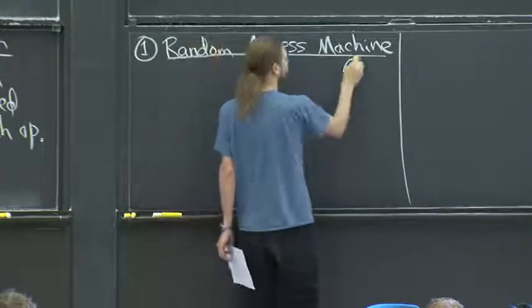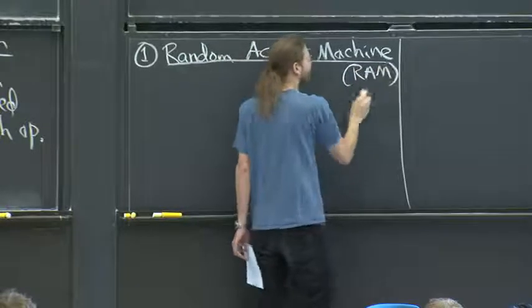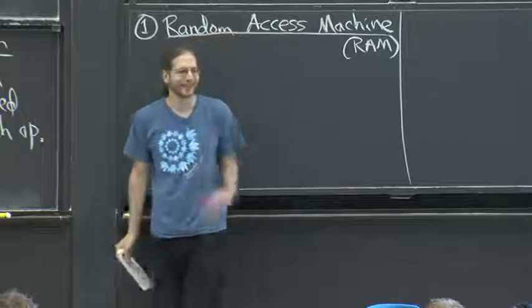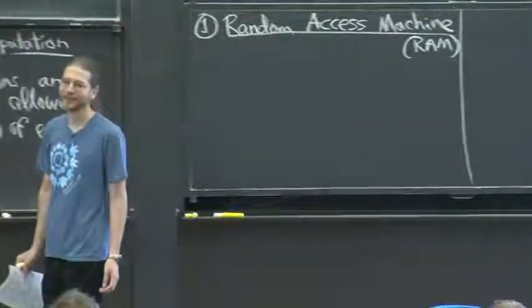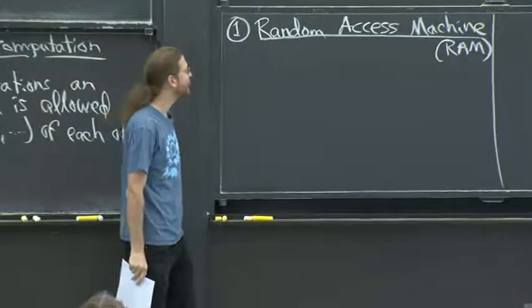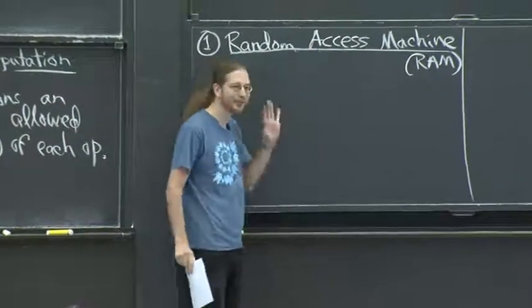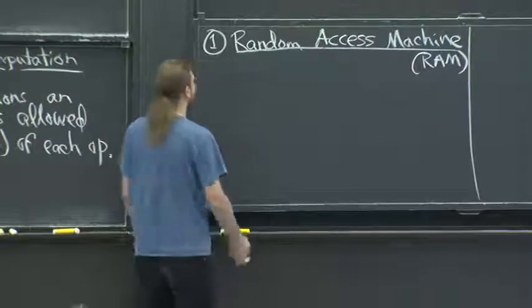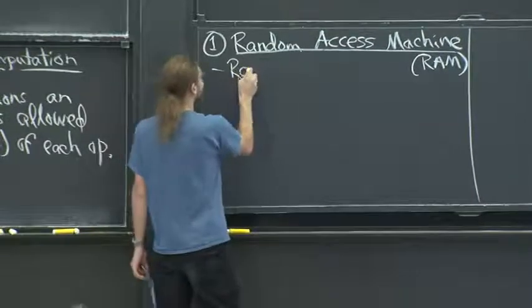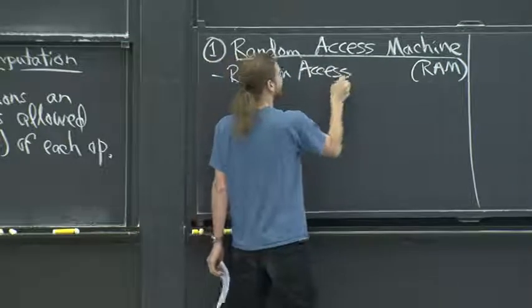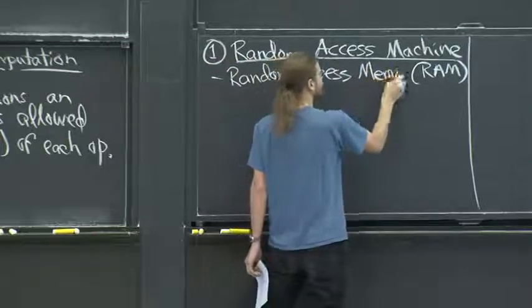Also known as the RAM. Can someone tell me what else RAM stands for? Yeah, random access memory. So this is both confusing but also convenient because RAM simultaneously stands for two things and they mean almost the same thing but not quite. So I guess that's more confusing than useful, but there you go. So we have random access memory. Oh, look at that.